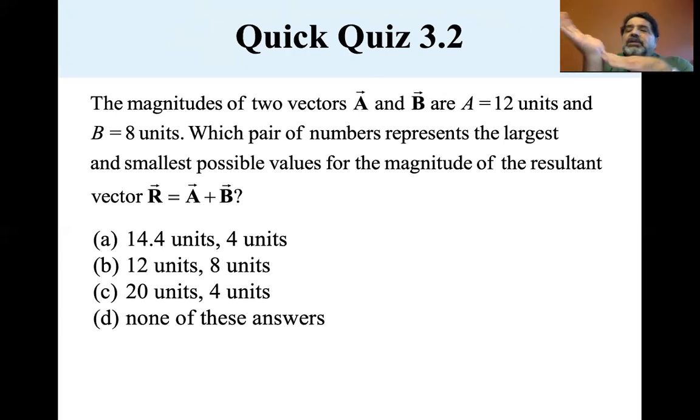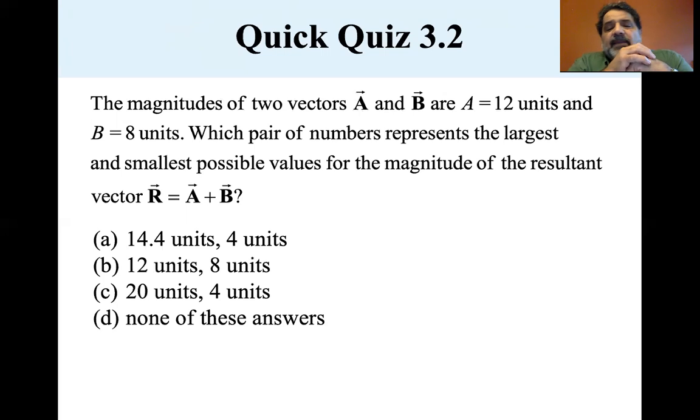Now, what is the smallest? Well, the smallest is if they're on the same line but in the opposite direction. So if A is 12 this way and B is 8 units in the opposite direction, B suddenly becomes negative, and you're subtracting it, and it would be 12 units in this direction, 8 units in this direction, and you'd end up with 4 units.